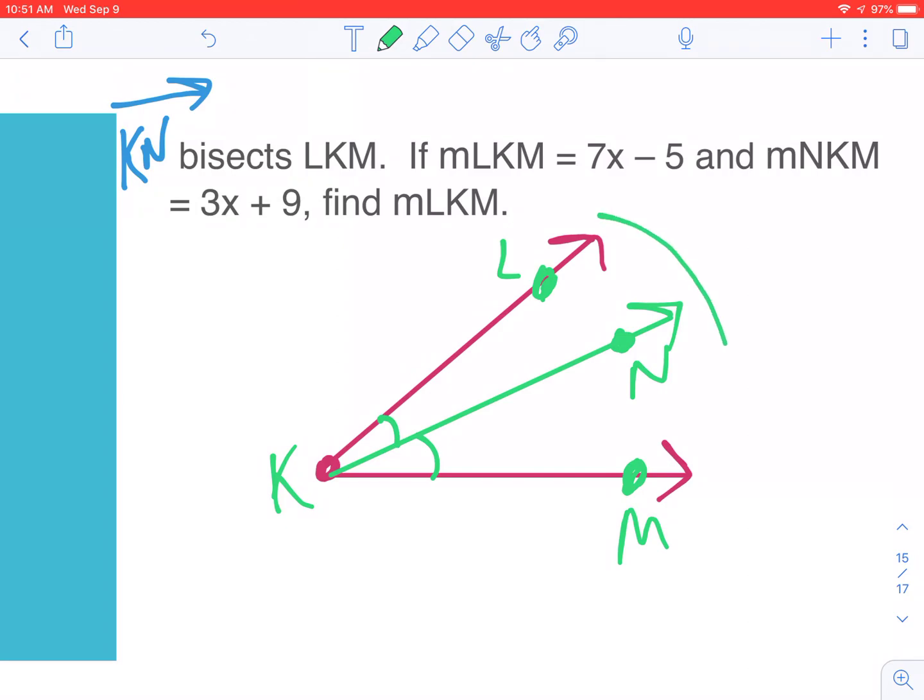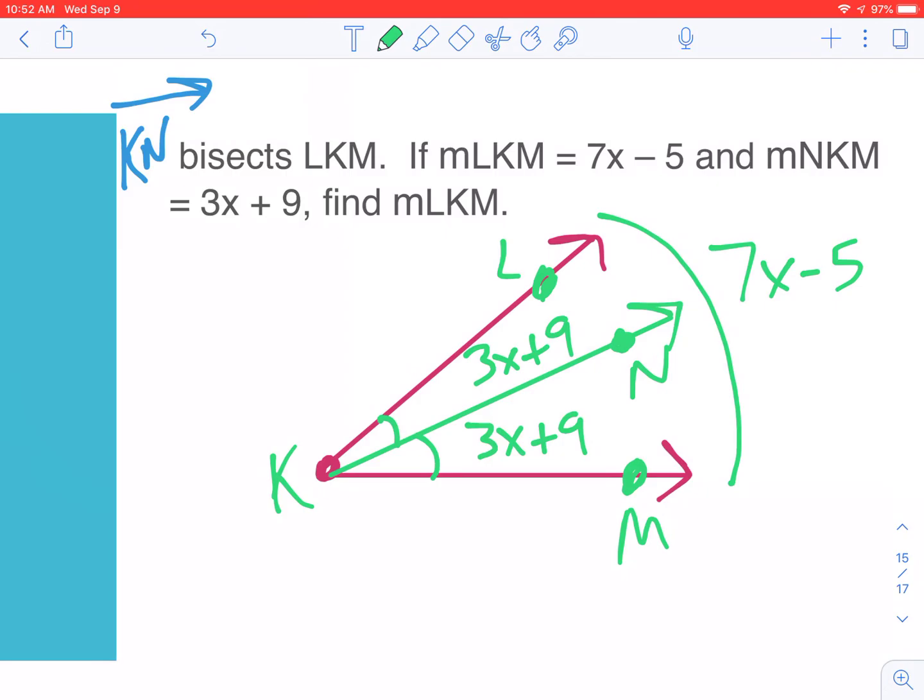LKM, the big angle, is 7x minus 5. NKM is 3x plus 9. We're trying to find LKM. Pretty much the same problem we did before. Once again, if LKN is blank, I'm going to put in 3x plus 9.